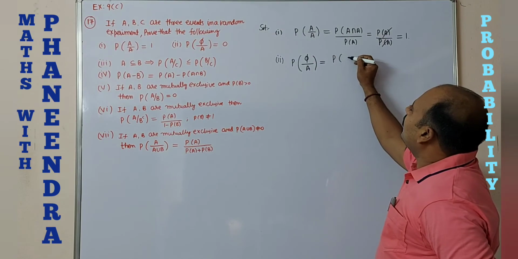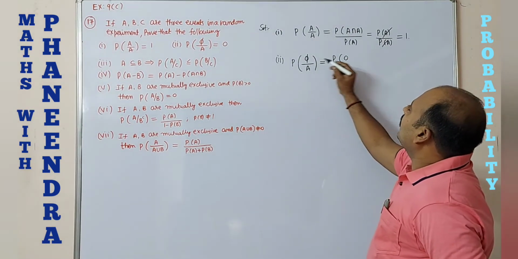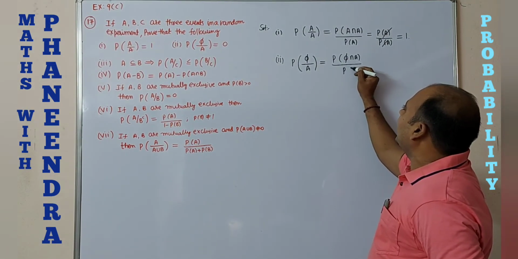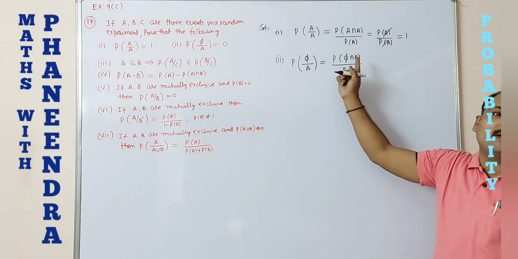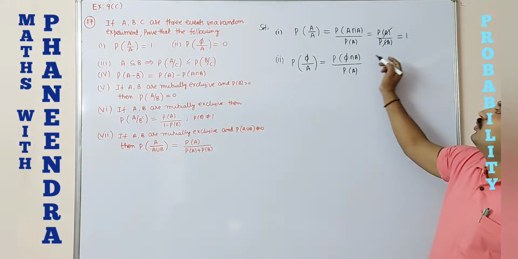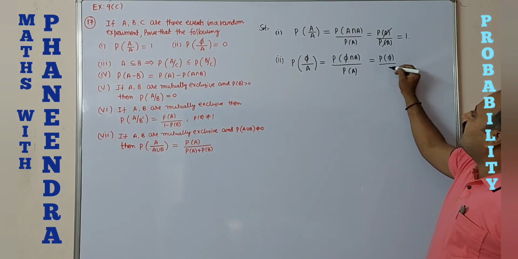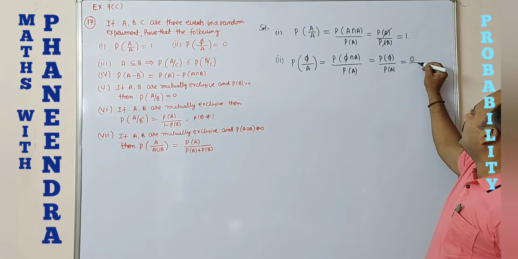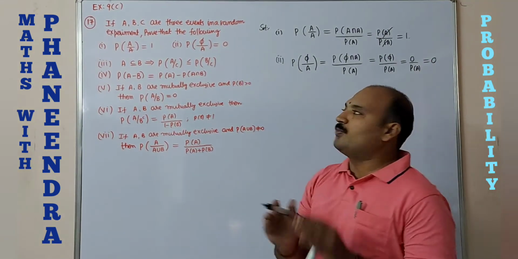By definition of conditional probability, this is probability of null set intersection A by P of A. The null set and A set intersection is null set itself. The probability of null set is always 0. So this value is probability of phi divided by P of A, and probability of null set is always 0. 0 by P of A is equal to 0. So the second one also we proved.